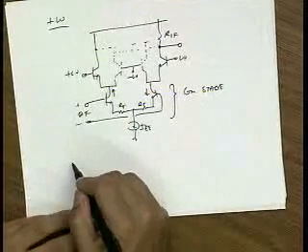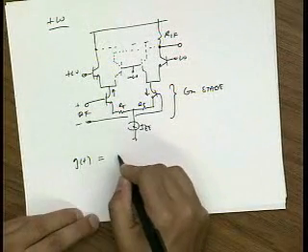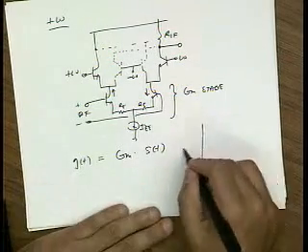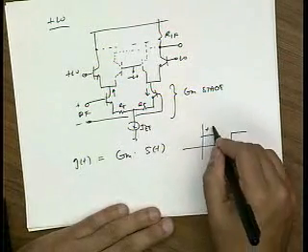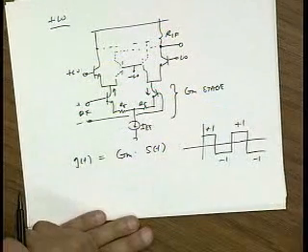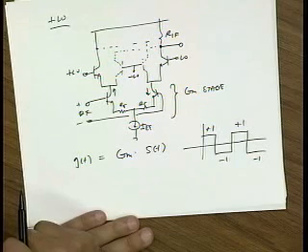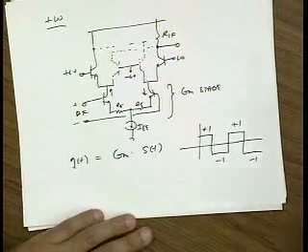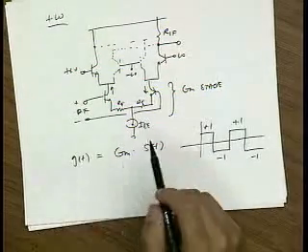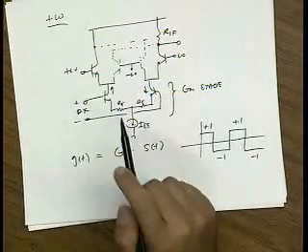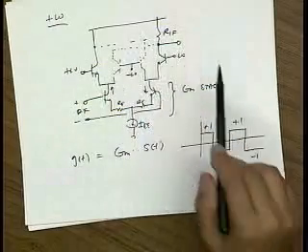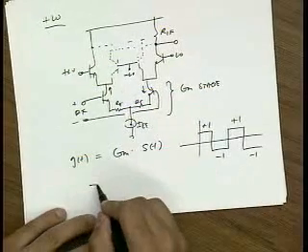So the gain, G of t, is again a constant GM times S of t, where S of t now goes +1, -1, +1, -1. Okay, does everybody see that? So maybe I could use colors. Now I think it's pretty clear. The important point is that I didn't need to take the output differentially. I could just take the output single-endedly, and I still get RF rejection.